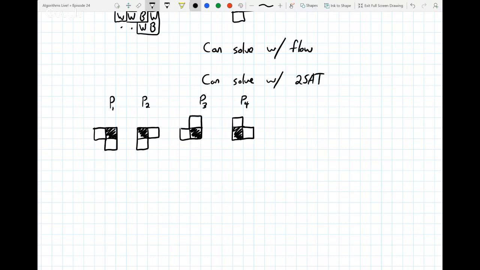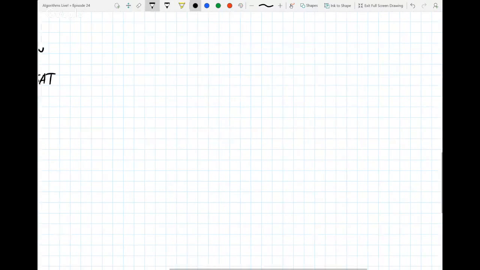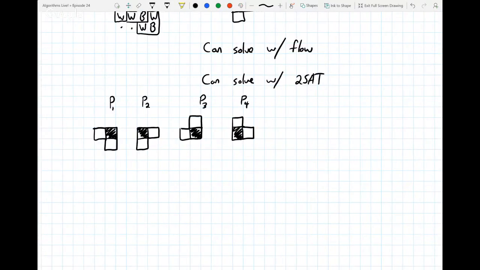It's a more general sat. The issue is if you set up your sat like this, I think you can do it with 3-sat, but any sat can be represented as 3-sat. That's probably a little off topic, but you can figure out how to set this up as 3-sat, but then you get stuck.